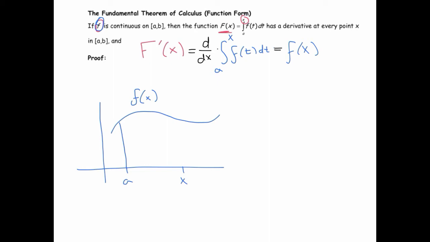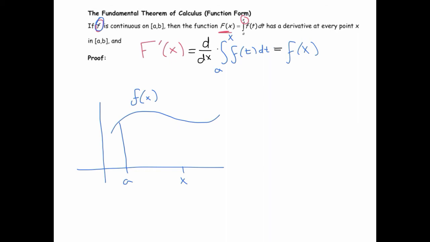I think this is hard for students to understand at first, and the reason is that the entire first part of your calculus experience, you've been told that derivatives relate to slopes of tangent lines. Here I'm talking about the derivative of a function, and I'm not talking about slopes of tangent lines.